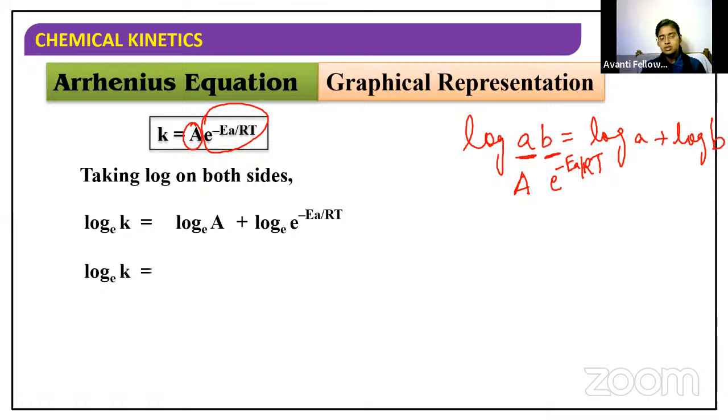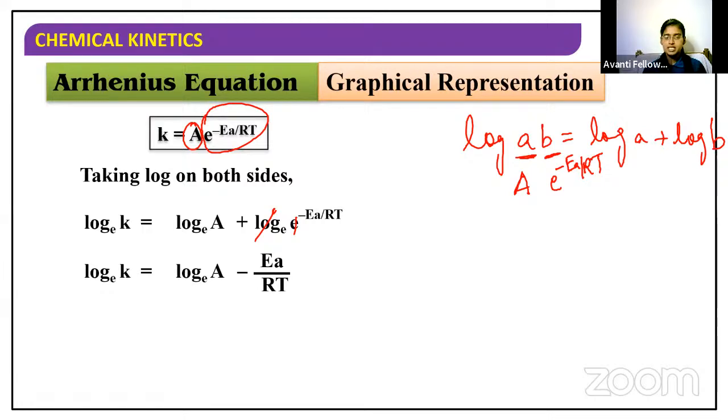Okay. So now the next step: log k is equal to log A minus EA by RT. So where do the log and e go? Logarithmic function and exponential function, they are like plus and minus. They cancel each other, and the superscript term, minus EA by RT, comes here as a coefficient.